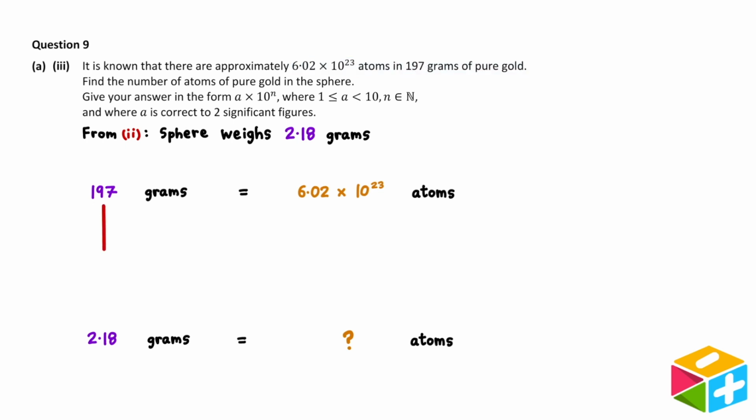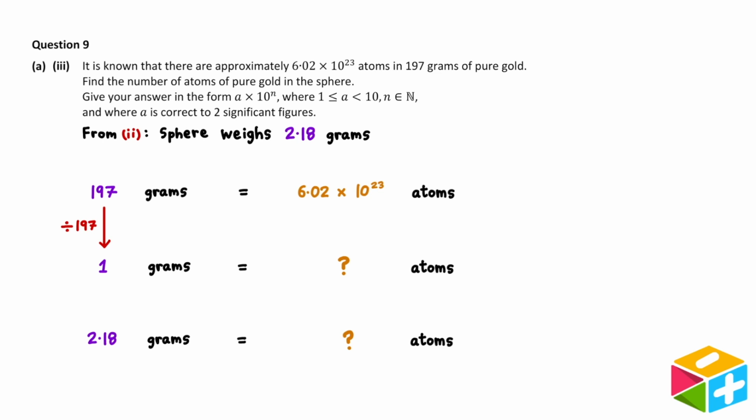Getting from 197 to 2.18 directly is a difficult task. It's not immediately obvious what the scaling factor should be. To make things easier, we can find what 1 gram corresponds to as an intermediate step. To get from 197 to 1, all we need to do is divide by 197.